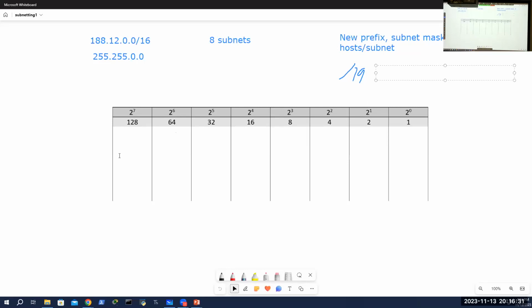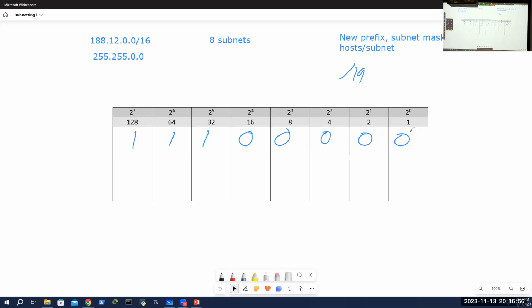So again, we take the 3 bits and we put them into our table. Now, the difference between the last problem and this problem is that we're doing this in the 3rd octet, because our original subnet mask was 255.255.